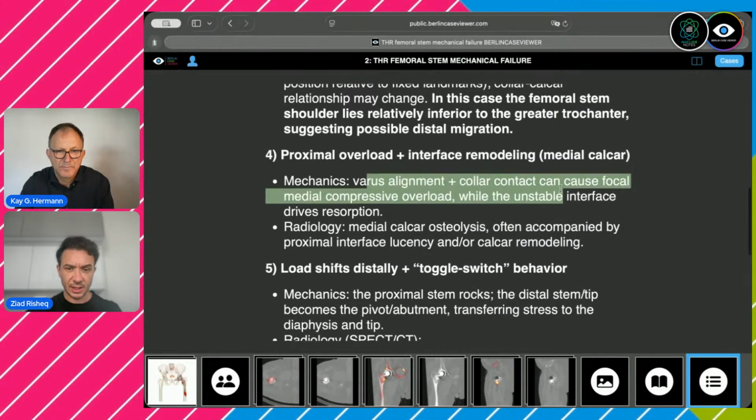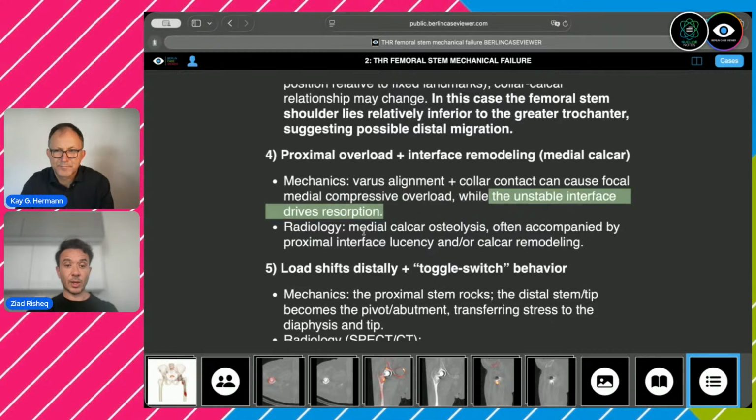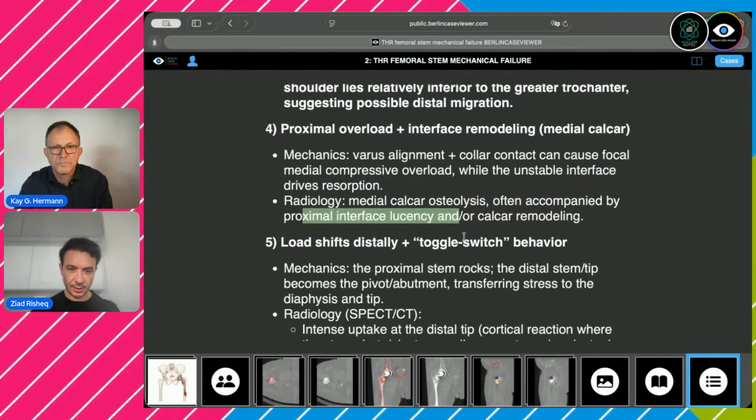So you have varus alignment and collar contact that is causing focal medial compressive overload and unstable interface. So what we see under these conditions is medial calcar osteolysis, and it can be accompanied by lucencies or bone remodeling.